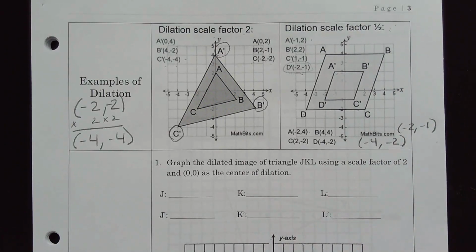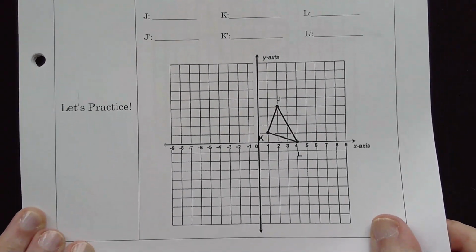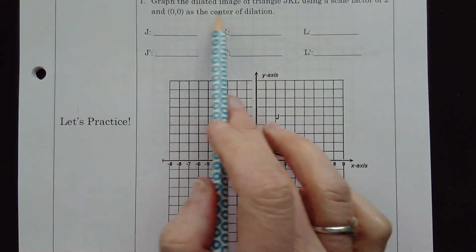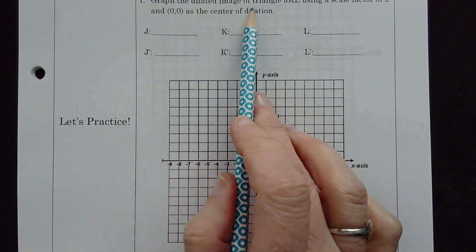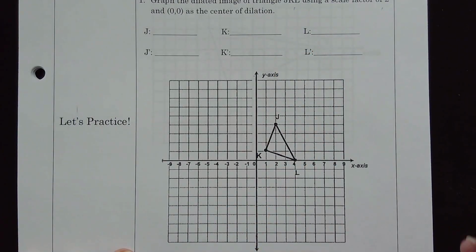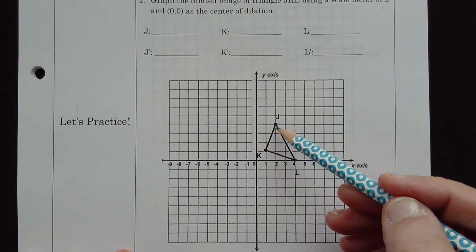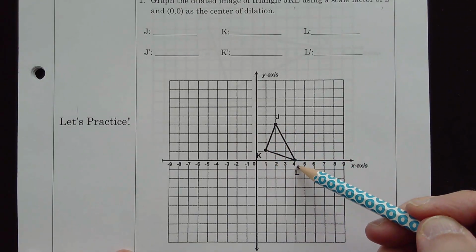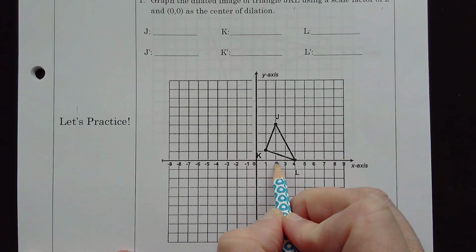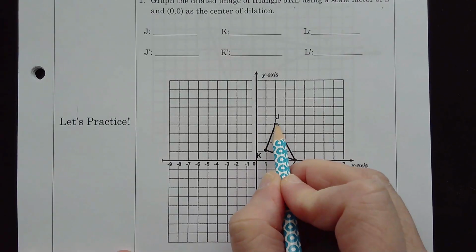So let's do one. Let's look at this big one down here. We're going to graph the dilated image of JKL using a scale factor of 2. So we've got the points JKL. First we're going to put their coordinates. J is (2, 4).